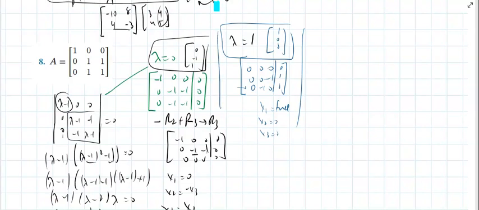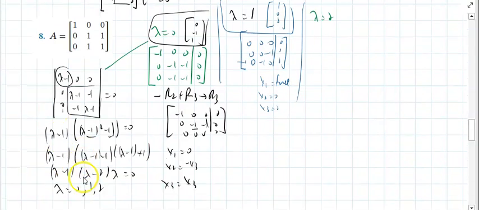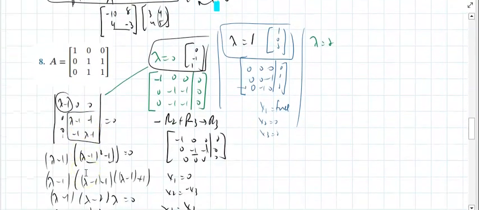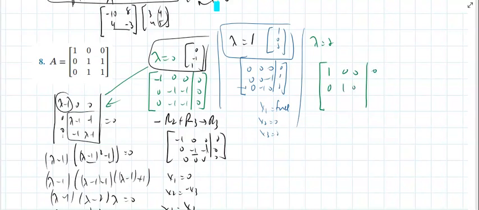And if I let lambda equal 2, was it 2? 2. Then I'm looking at 1, 0, 0, 0, 1, and 0, negative 1, 1.